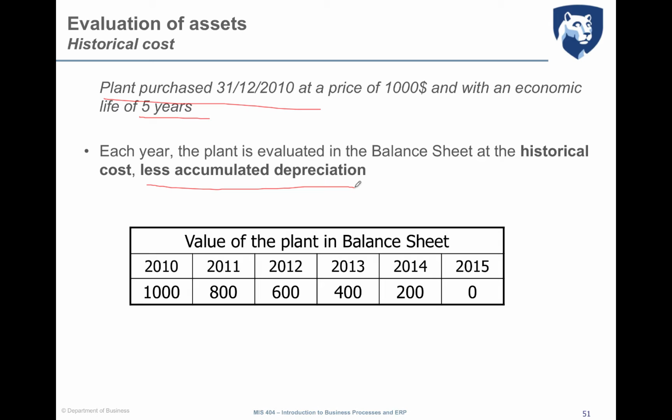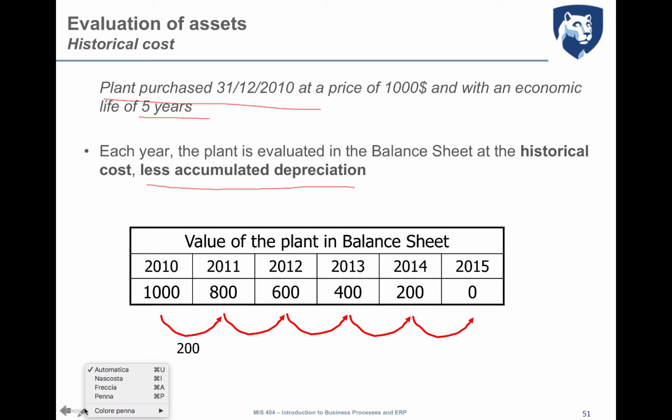It means that from 2010 to 2012, its value will decrease by 200, which is exactly the ratio between its initial value and its life cycle, and so on during the years until the value of 0 is reached in 2015.